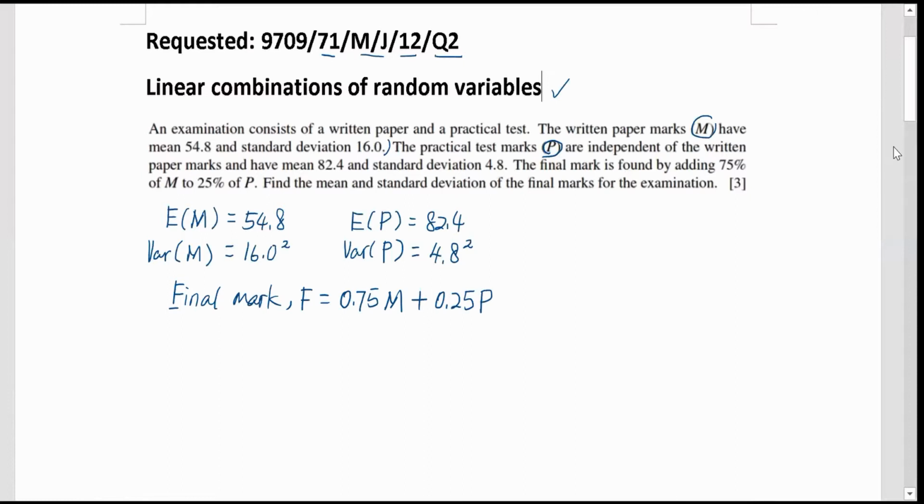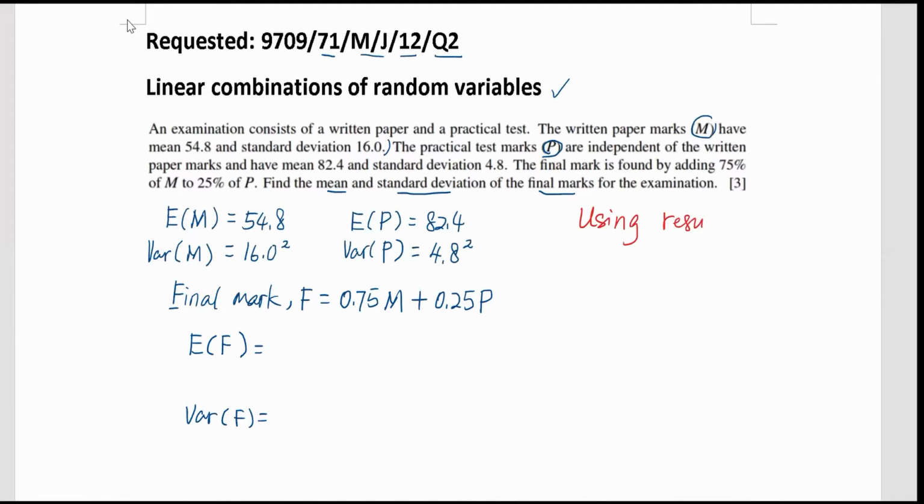In order to find out the mean and standard deviation of the final marks for the examination, to find the mean E of F and the variance of F, what should we do? We have to use the results learned under this chapter. I will put down the results over here.